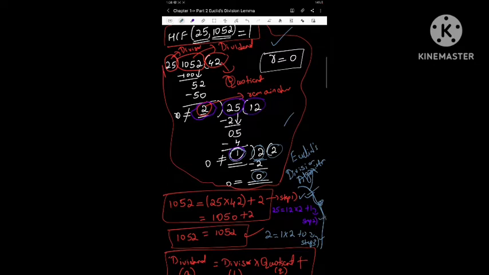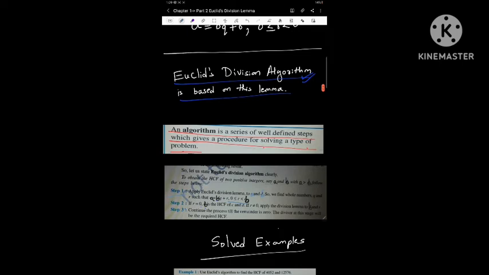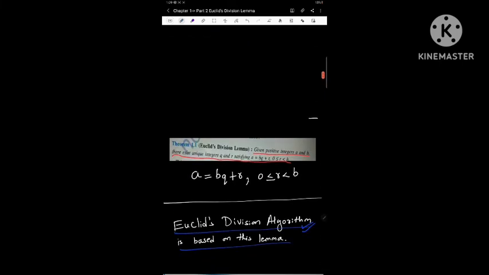So we have applied the division for 1052 and 25. We got a remainder of 2 over here, that was not equal to 0. So again we continued, and then we got a remainder of 1, that was also not equal to 0. Then we continued and we finally got a remainder of 0. And what they say here, see, continue the process till the remainder is 0. The divisor at this stage will be the required HCF.